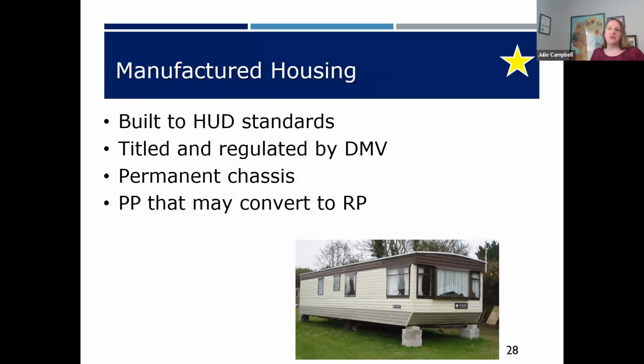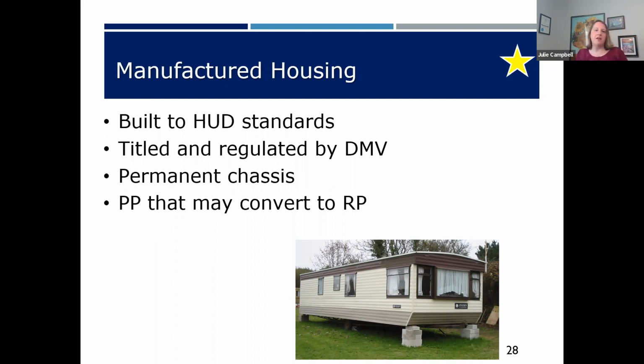If the manufactured home is on wheels, it has a hitch, and it has a title registered at the Department of Motor Vehicles, that is considered personal property. That's pretty personal, right? You hook it up to the truck and you can move it right away.